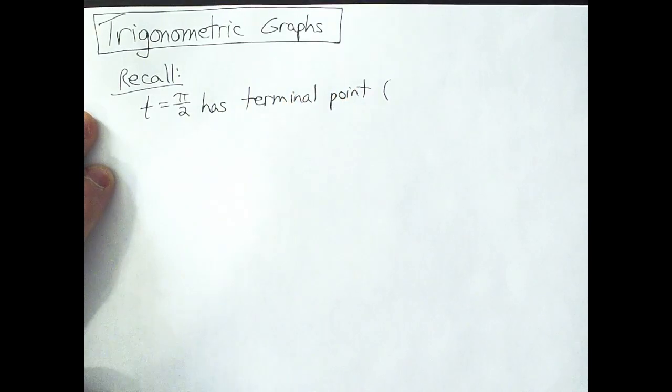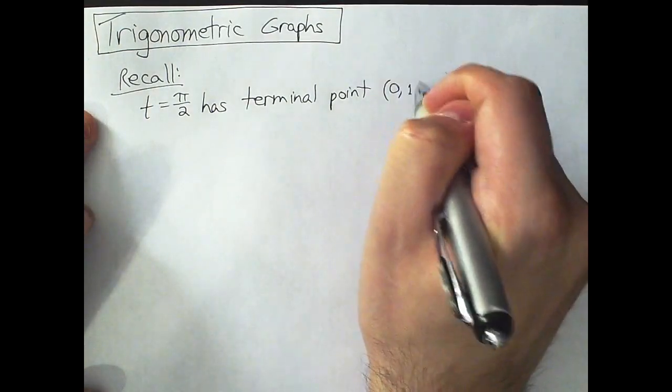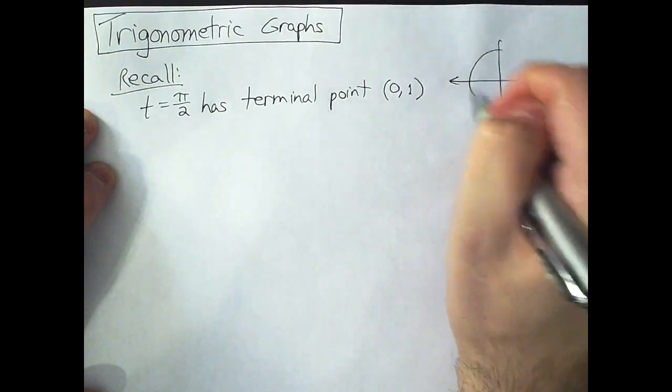Do you remember what this terminal point is? We want to get pretty quick at these common values. It's (0, 1).